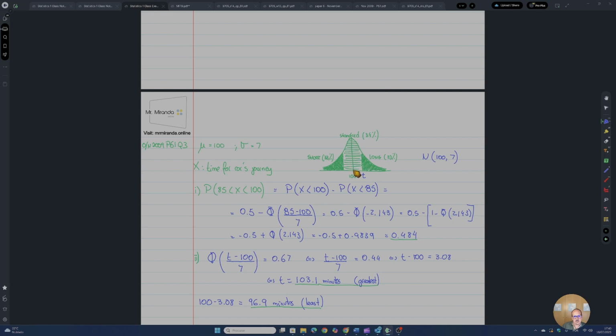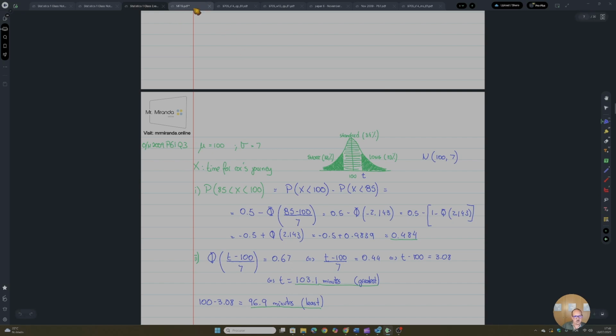The median is the position that divides the bell curve into equal 50% sides, right? So all of this is 50%, all of that is 50%. If this is 50% and this bit over here is 17, this whole area over here is going to be 67%, right? So the phi of the value that you want, the t minus the mean, which is 100, divided by the standard deviation, is going to be equal to 0.67.